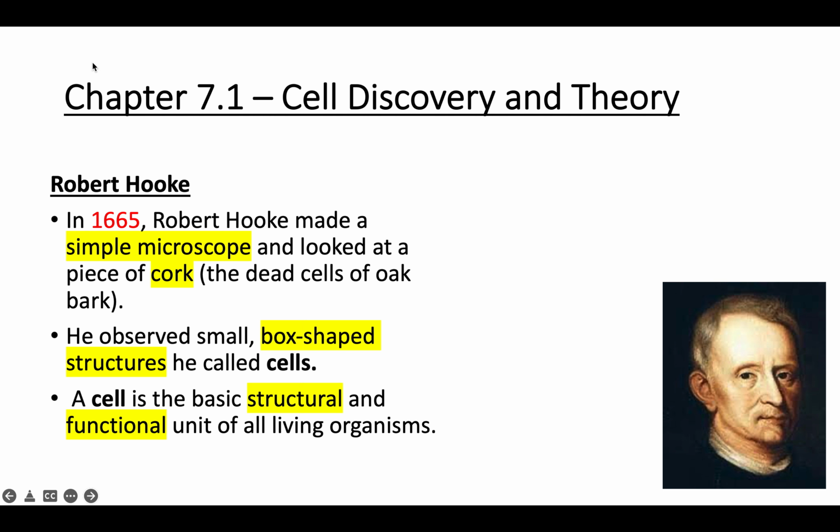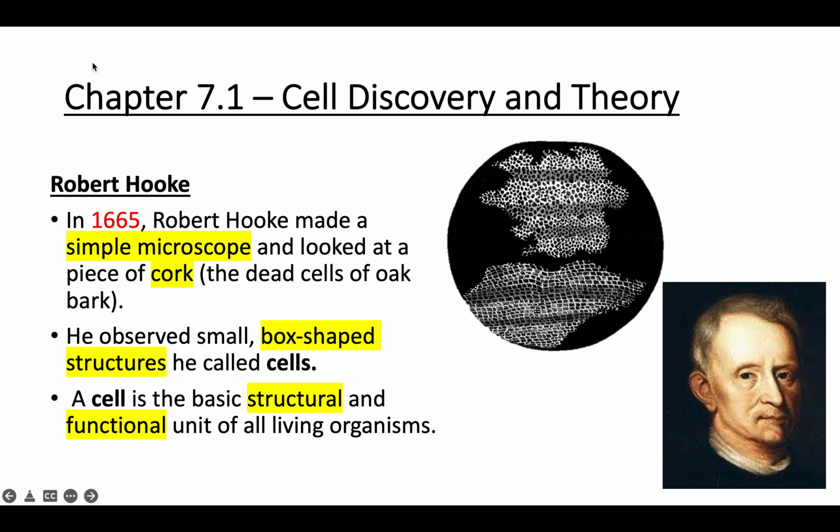But at that time, this didn't just happen. They didn't just deem that the cell is the basic structural and functional unit of living things. It had gone through quite a bit of history with different scientists. This is what he saw when he looked at a piece of cork under a microscope.